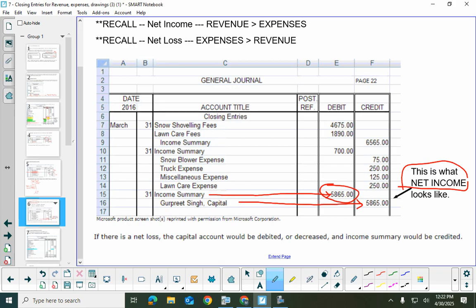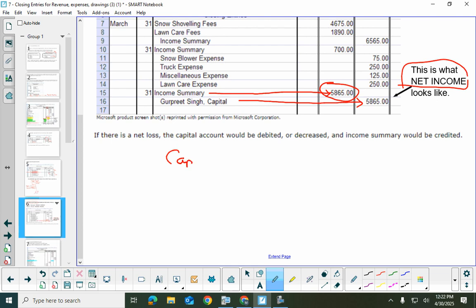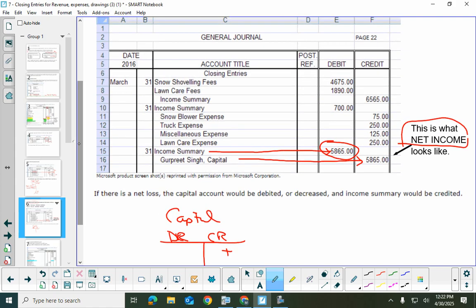Because remember, the capital account, if you think about back to those T-charts, on the capital account, the credit is the plus side. Okay. So this big table here, this is what closing revenue looks like. This is what closing expenses looks like.